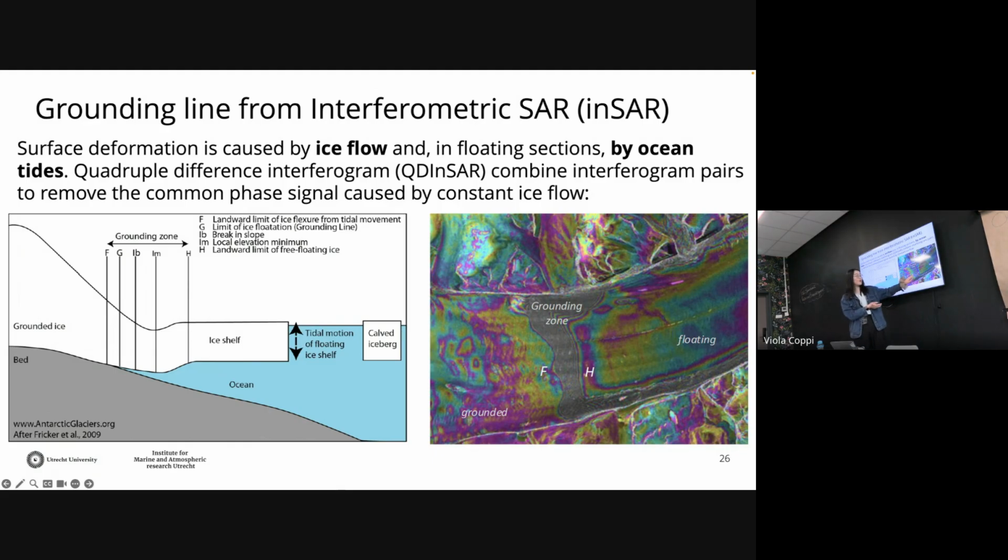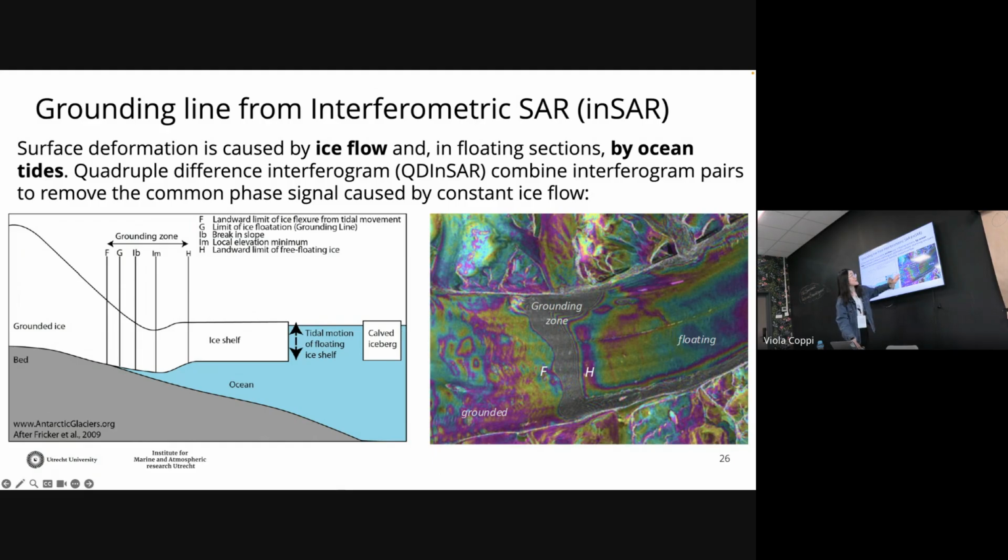One side is more attached to land, and the other side is more toward the sea. From the width of this grounding zone, we can tell if the ice flow or ice shelf is going to retreat or advance.